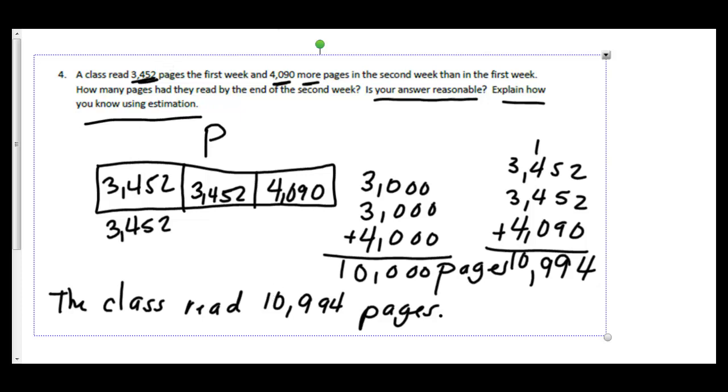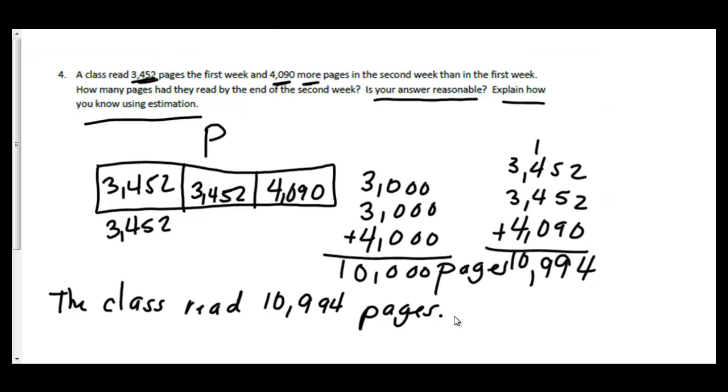Okay. Next it says, is your answer reasonable? Explain how you know using estimation. So I'm going to type this because I can type a lot faster than I can write with a pen.